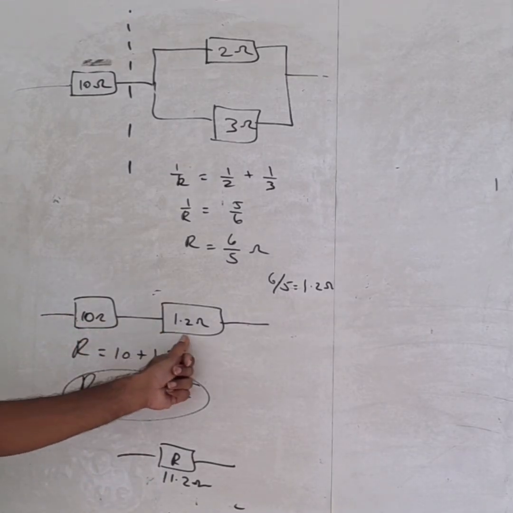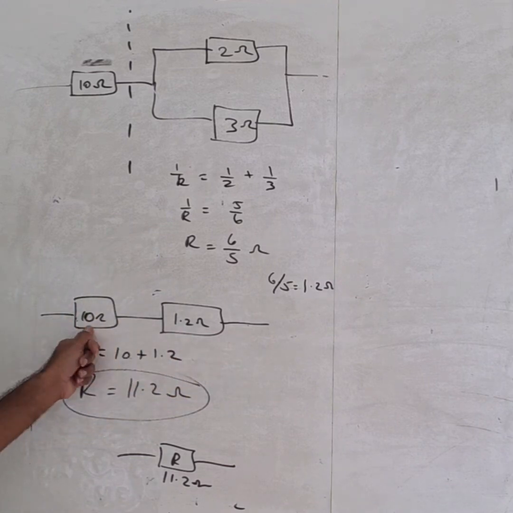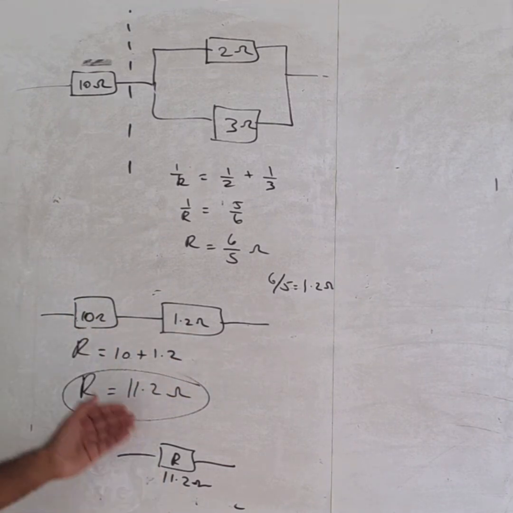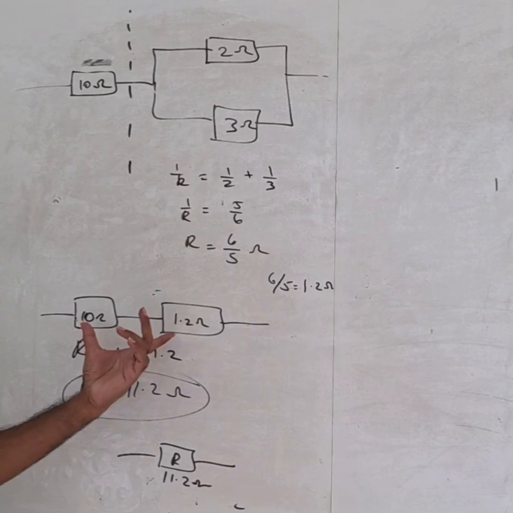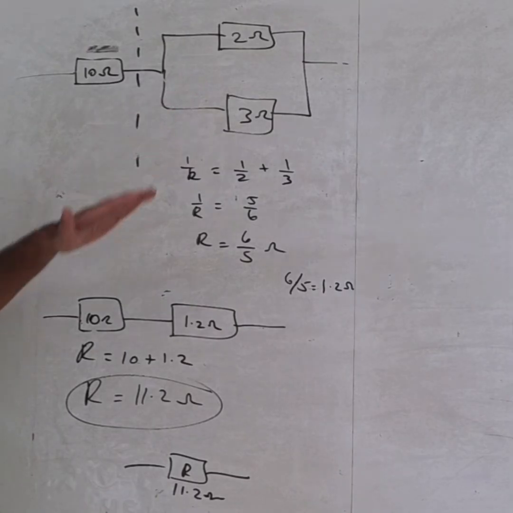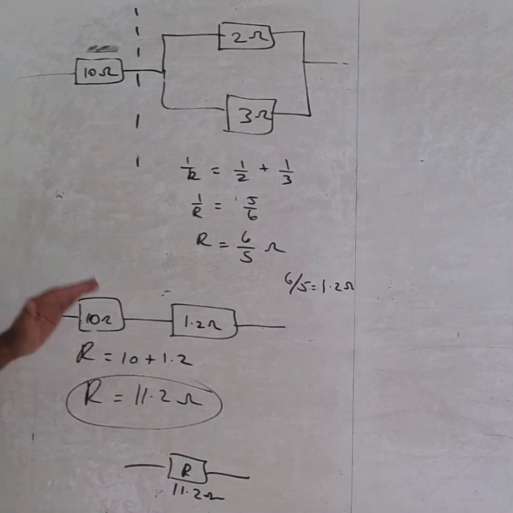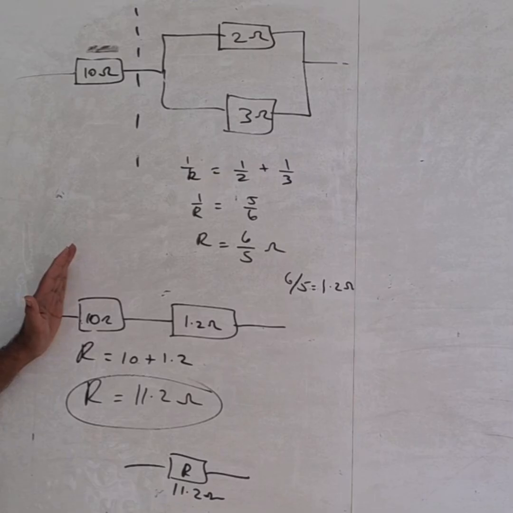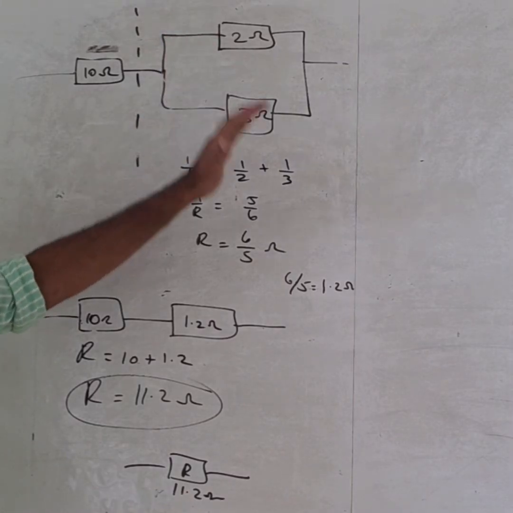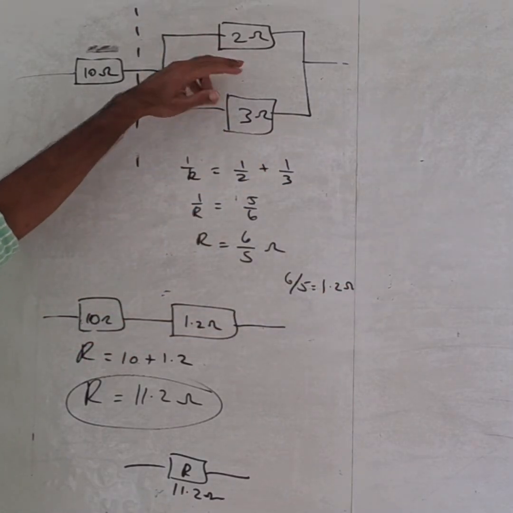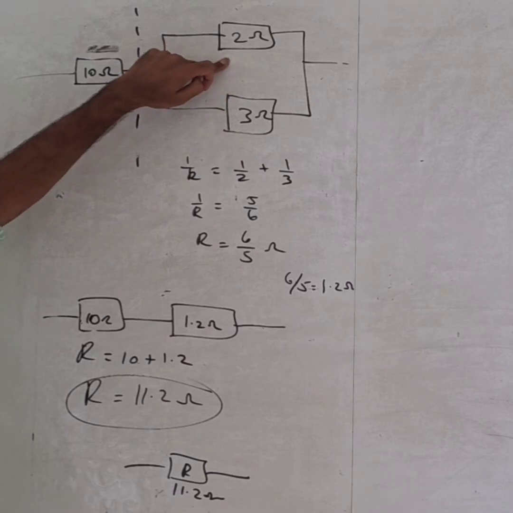Say here 10 and 1.2, your answer is always greater than 10. You got 11.2. If you got something like 9.8, that means you are doing something wrong. In a series circuit, your answer should be greater than the biggest resistor. In a parallel circuit, your answer should be less than the smallest resistor.